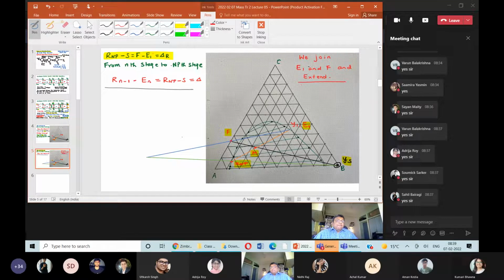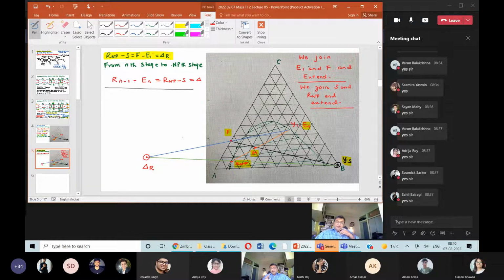Next we join S and RNP and extend. Where these two extended lines meet, that is called the difference point or delta R.